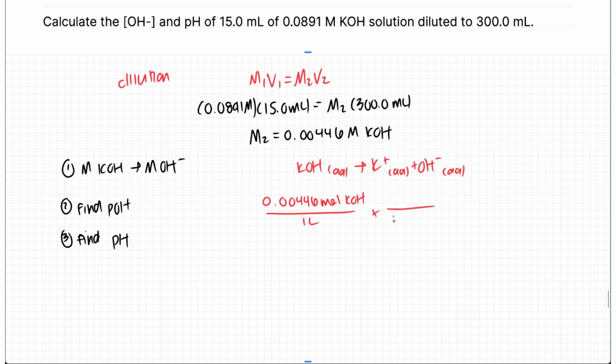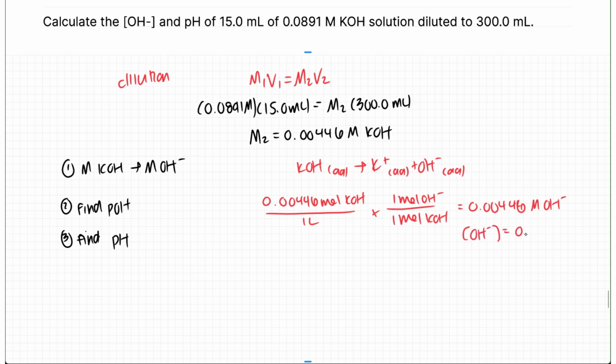And we will have 1 mole of KOH on bottom and 1 mole of OH- to convert to the concentration of OH-. The concentration of OH- will be 0.00446 molar OH-.